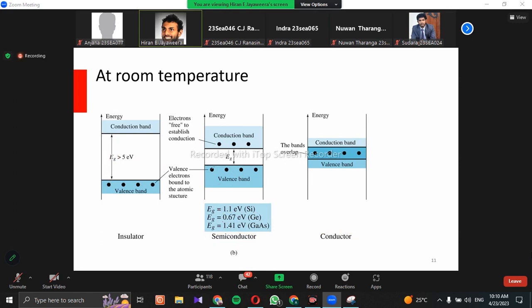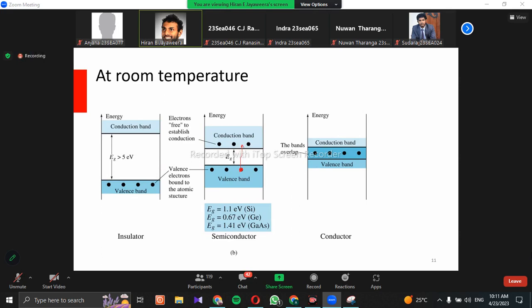Now let's say, how do we move one of these? When you look at the conduction band for the insulators, you don't see any electrons, right? But in the case of semiconductors, you can see a few electrons in the conduction band. In conductors, you have a lot of electrons in the conduction band, right? So now the question is, if I were to move one of these electrons to the conduction band, what should I do?